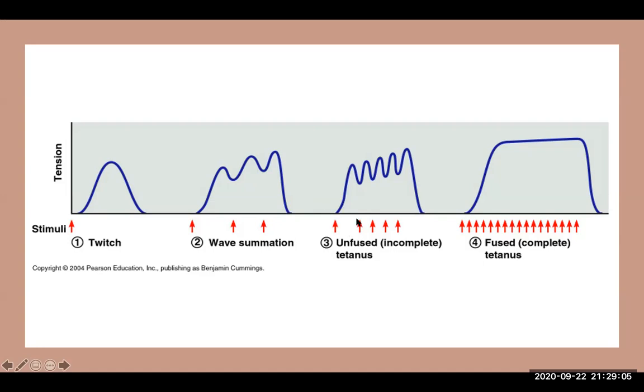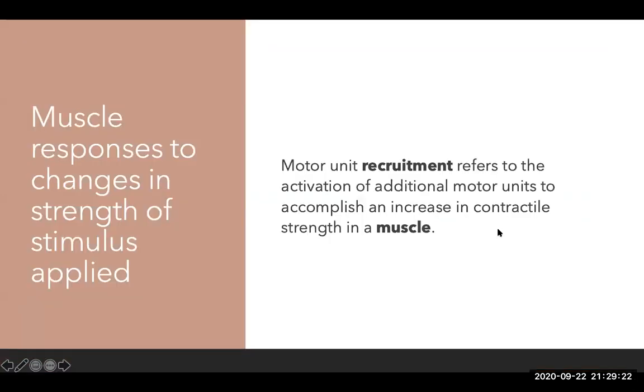Incomplete tetanus shows many stimuli, but we still get a relaxation period between the twitches themselves, so we call that incomplete tetanus, whereas fused or complete tetanus shows a constant contraction state of that muscle with constant stimuli.